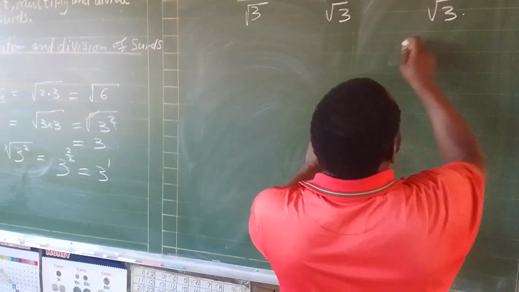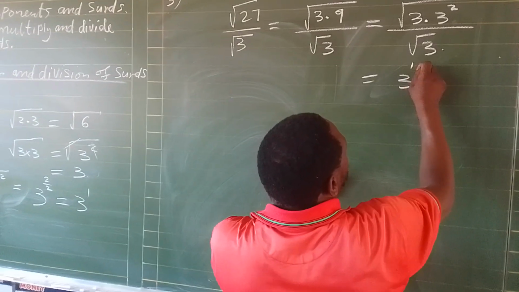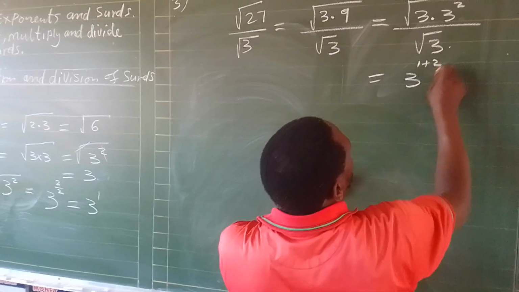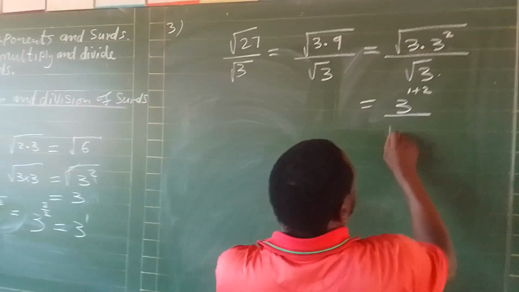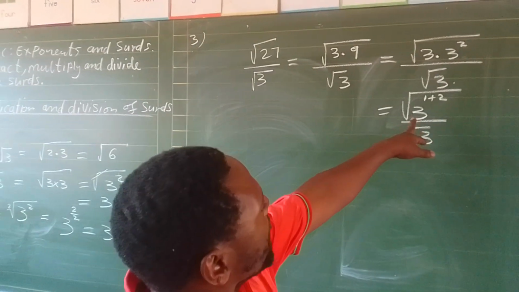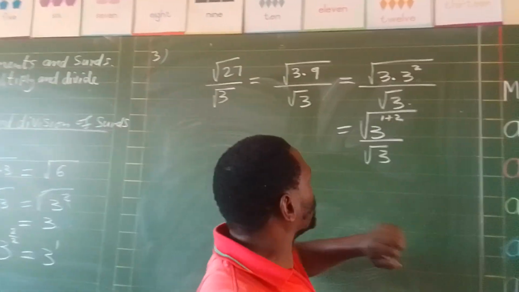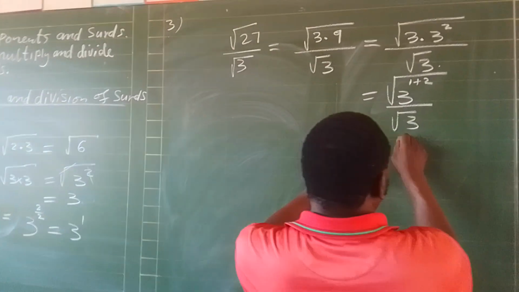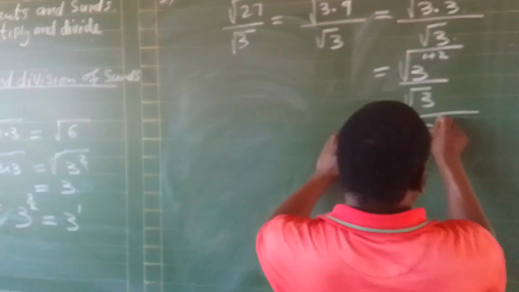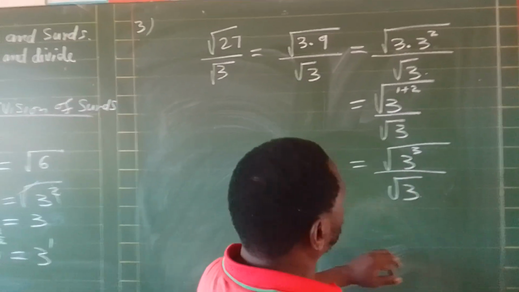When you multiply this, you are going to get 3 times 1 plus 2, all over the square root of 3. The square root of 3, 1 plus 2, which is the same as the square root of 3 to the power 3 over the square root of 3.